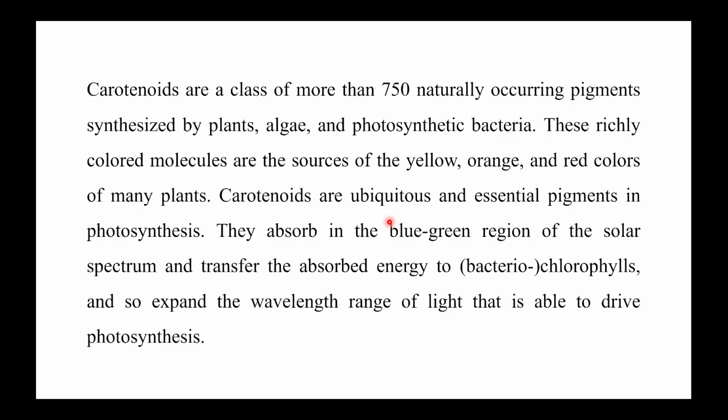Okay, so the reason plants and all these photosynthetic organisms have different pigments is to expand the wavelength range. If only one pigment is present, only a small wavelength range can be absorbed by those plants, so their ability to survive in an environment with a wide range of light wavelengths would be lesser.